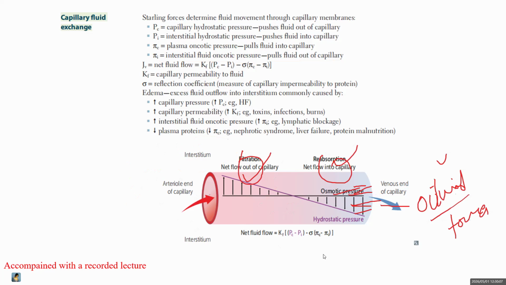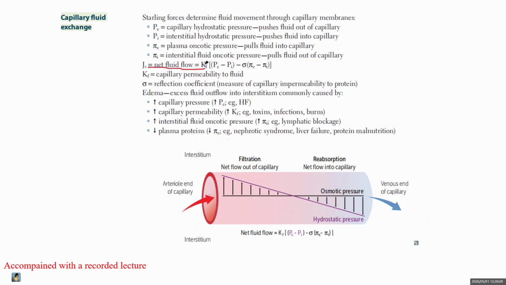And this is exactly what the net fluid flow, which you are looking at over here, the Starling equation, expresses mathematically. Now, you have to remember that the net fluid flow, if this JV that you're looking at is positive, before we break down, let's understand this.